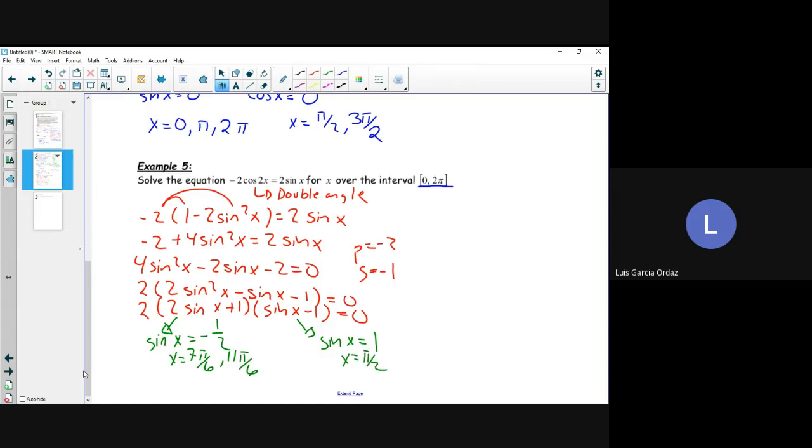If all three of these fall under our interval, then we can use all three as our solution. And in fact, all three of them fall under the interval, so all three are included. Therefore, x is equal to pi over 2, 7 pi over 6, and 11 pi over 6.